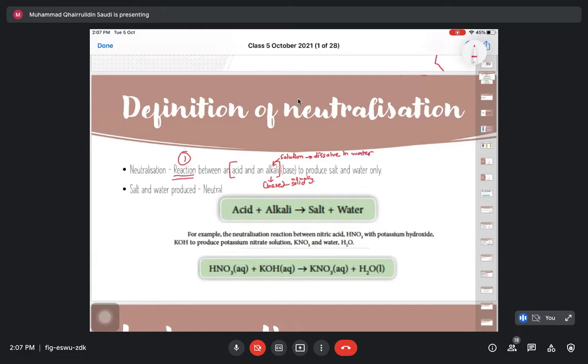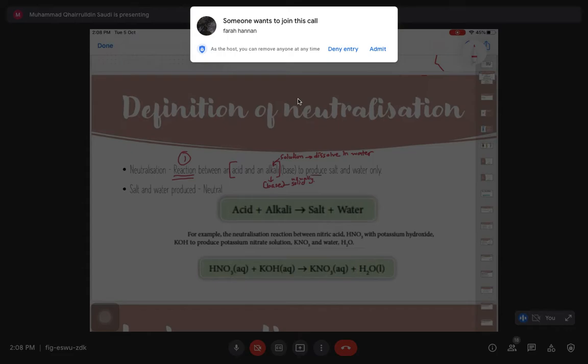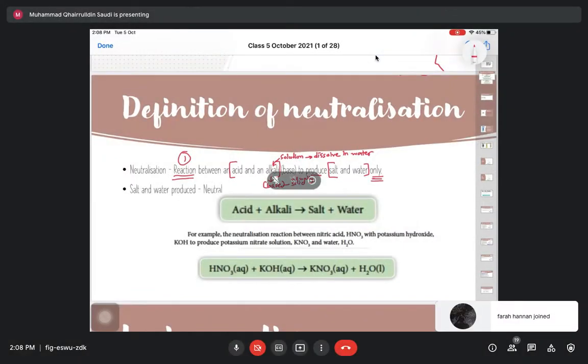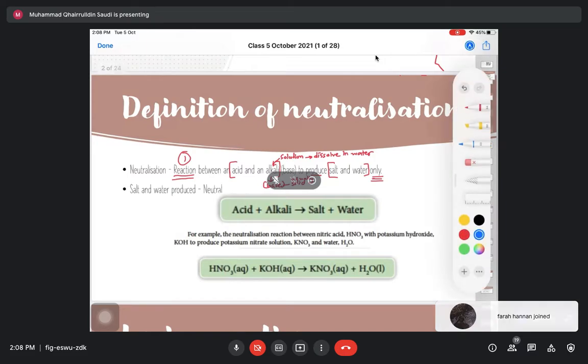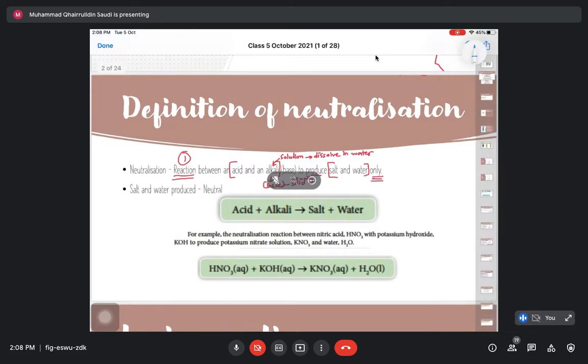Right, so neutralization is a reaction between acid and alkali. And what are the products? To produce these two products, salt and water only. So this salt and water that are produced are neutral.